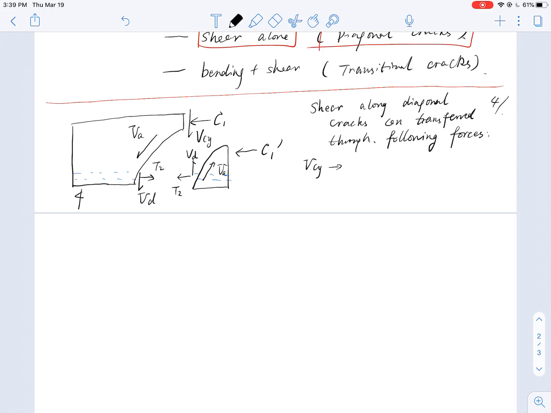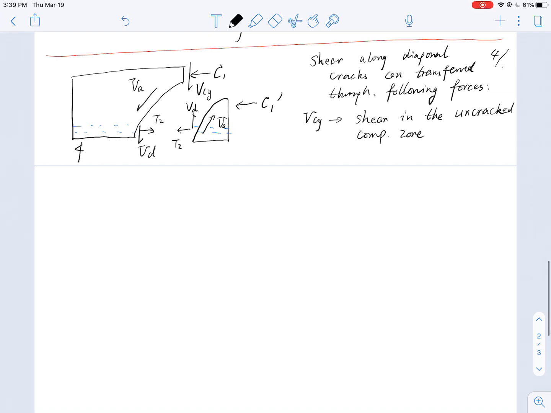VCY is shear in the uncracked compressive zone. Also, I have VA, which is interface shear transfer. And normally this is from aggregate interlock.